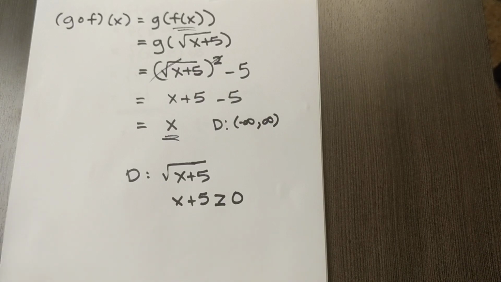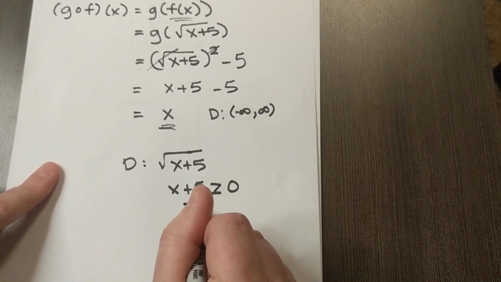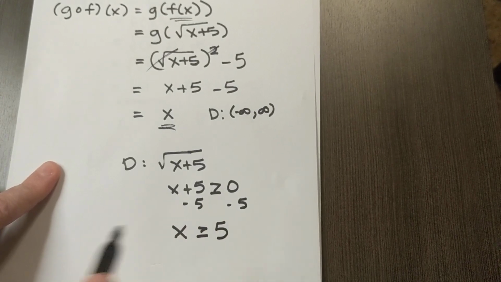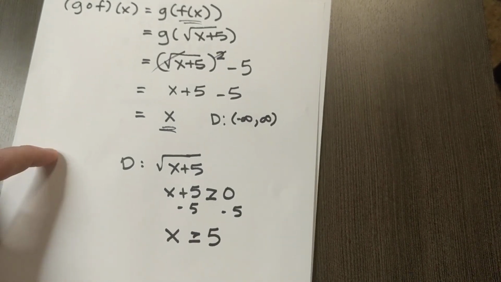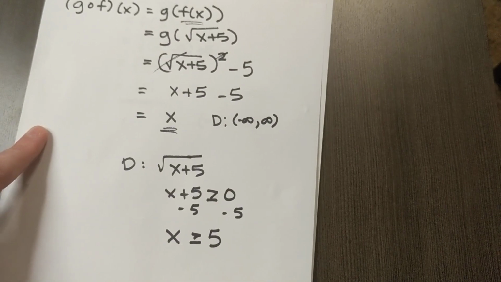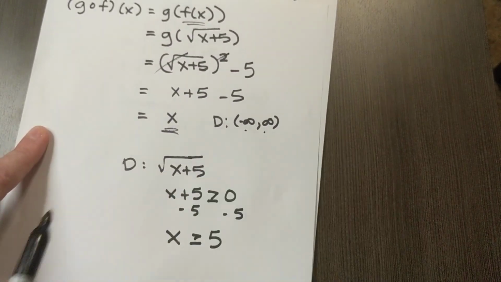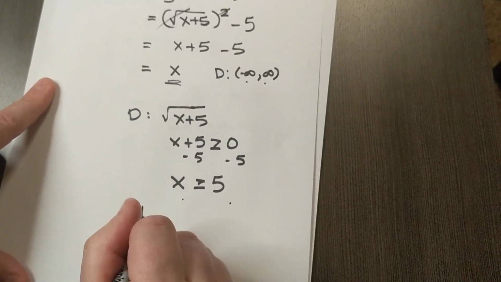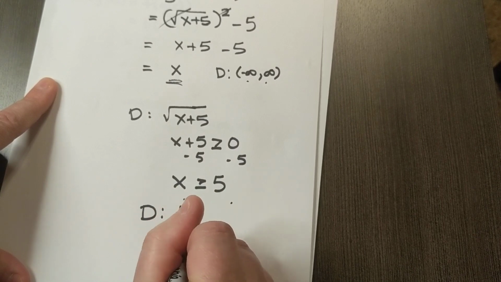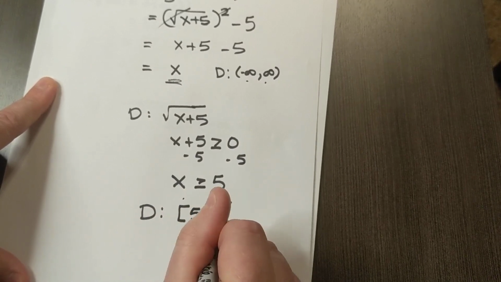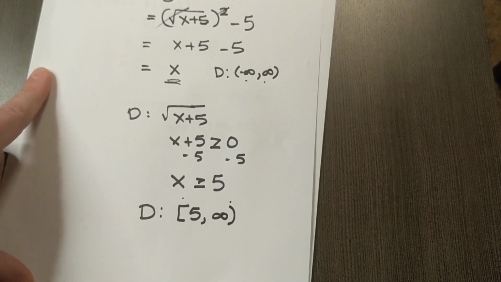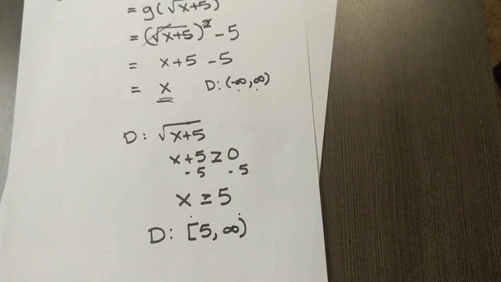So we subtract 5 from both sides. X is greater than or equal to negative 5. So that restricts our domain. It can no longer be negative infinity to infinity. We have a restriction. So our new domain would be all numbers, including negative 5 and greater. So that would be the answer for the composition function's domain.